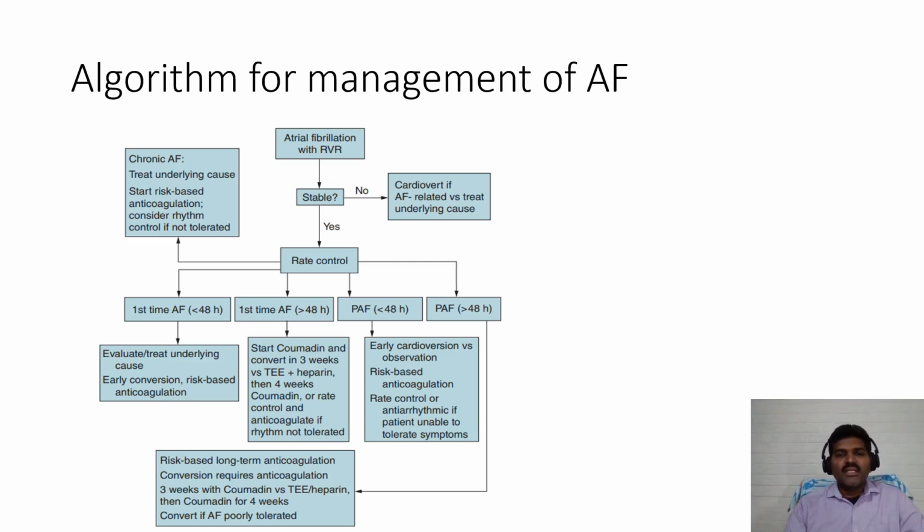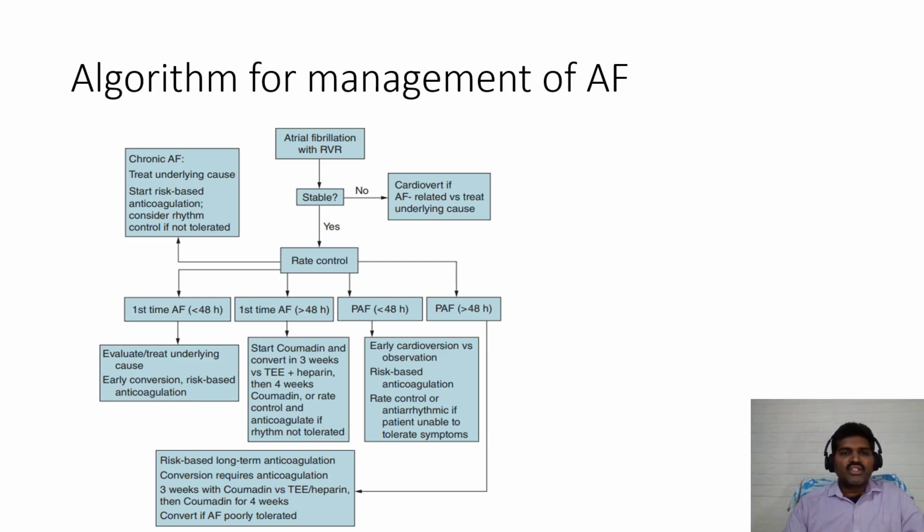You can either treat the AF or the underlying cause. If the patient is stable, that is, he is maintaining BP and there are no signs of instability, you go for rate control. If there is chronic AF, treat the underlying cause, not the AF. Start risk-based anticoagulation. Consider rhythm control if not tolerated.